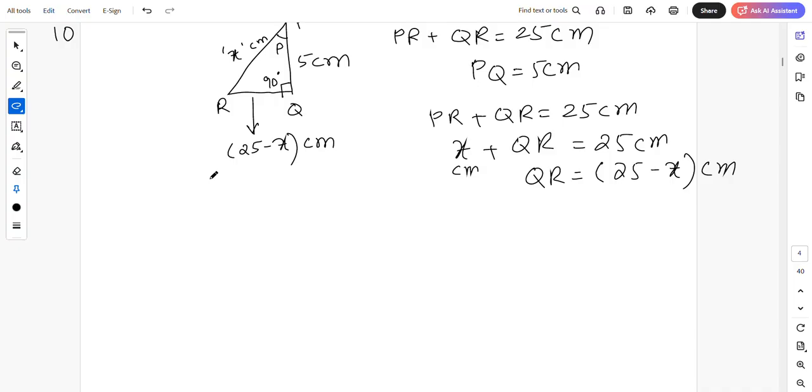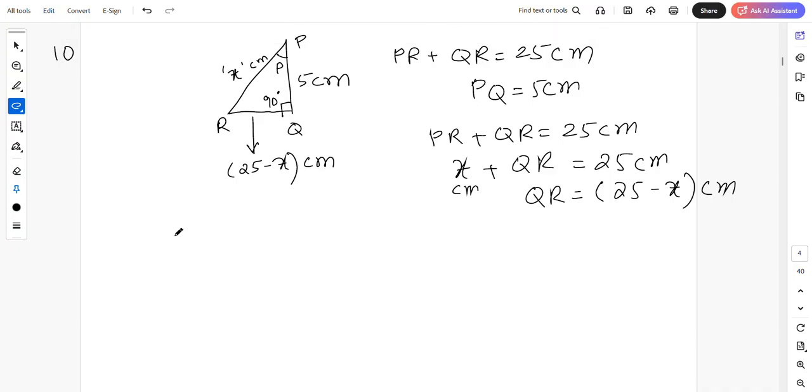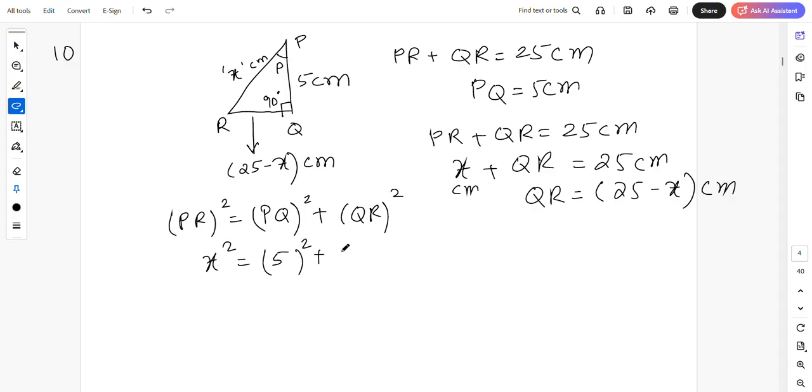The square on the hypotenuse is equal to the sum of the squares on the other two sides. PR square is equal to PQ square plus QR square. PR square is x square, equal to 5 the whole square plus 25 minus x the whole square.